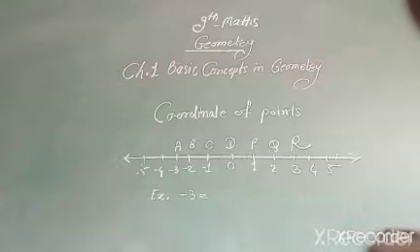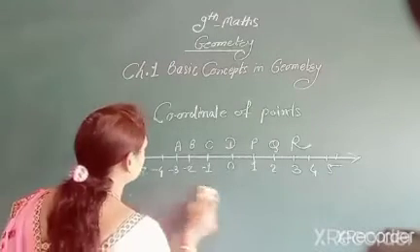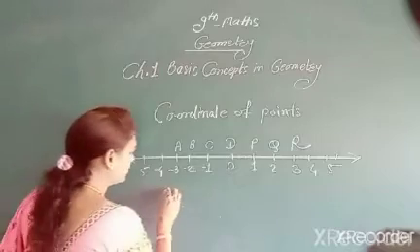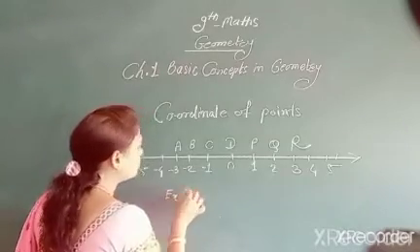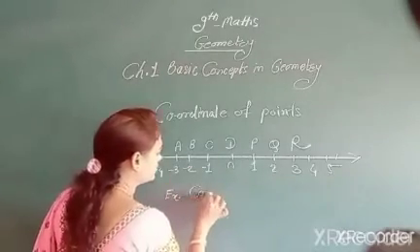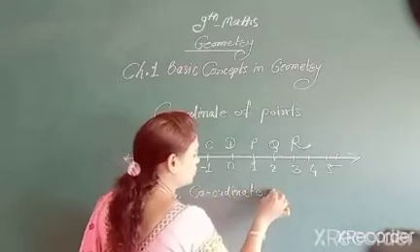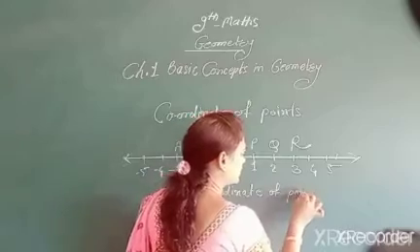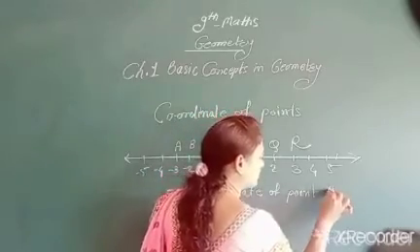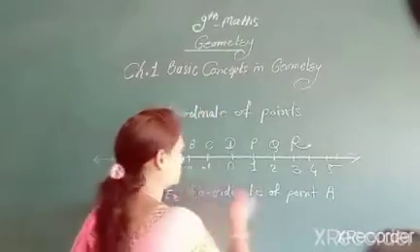For example, the coordinate of point A is -3.